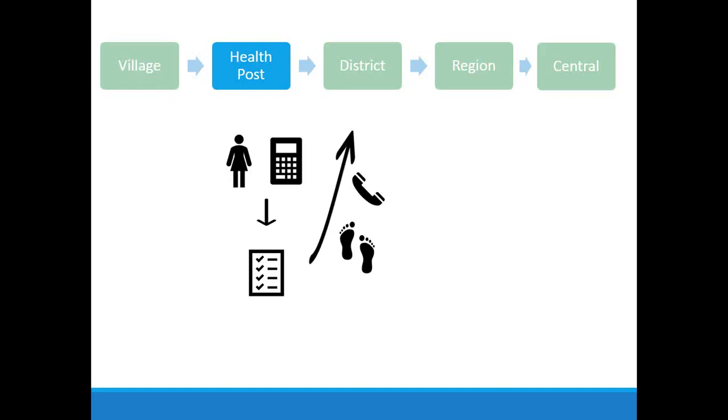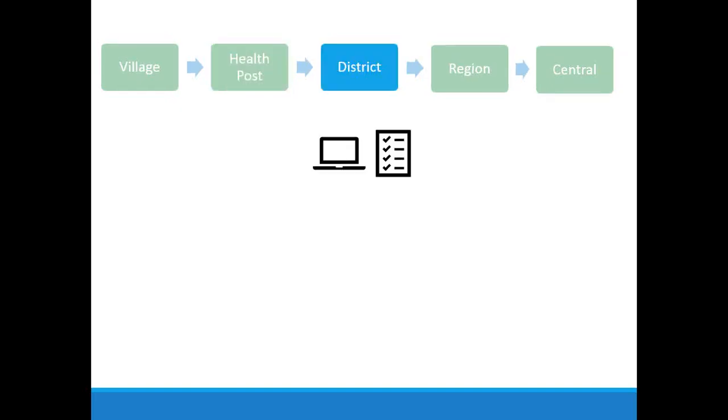At the district level, the data manager compiles all the data that he receives from the health posts, and he discusses with his colleagues whether the coverage is good or not good, and then he sends the report to the region level.